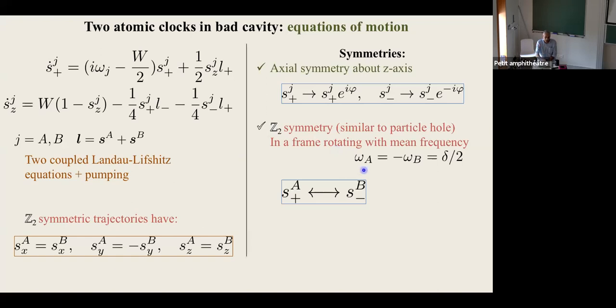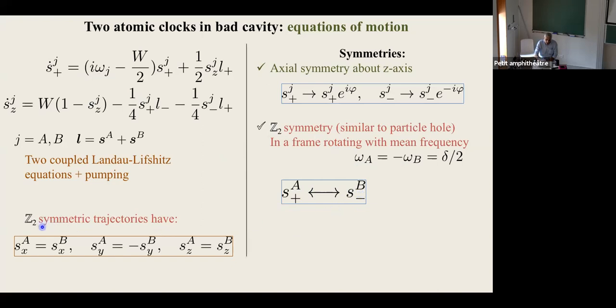In that frame, omega A is equal to minus omega B. So when omega becomes minus omega, it's like A changing into B. You get an equation for S minus for B. In other words, you change plus into minus, and you change A into B, and the equations of motion are invariant with respect to that.